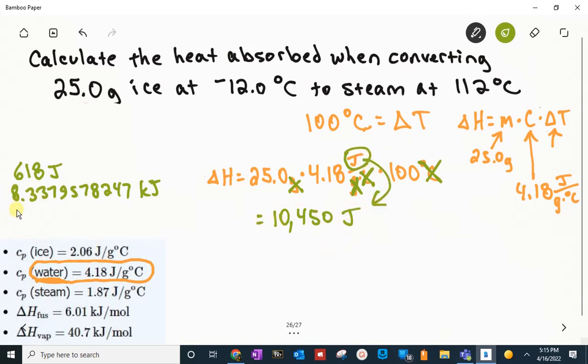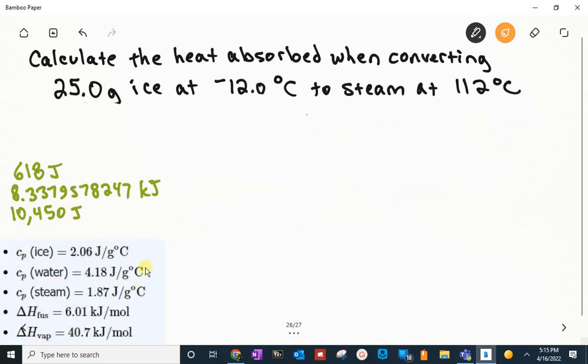So let's write that down here on our little list we're keeping. 10,450 joules. Now we have gotten up to 100 degrees Celsius, where this water starts turning into steam. So that would be the heat of vaporization.